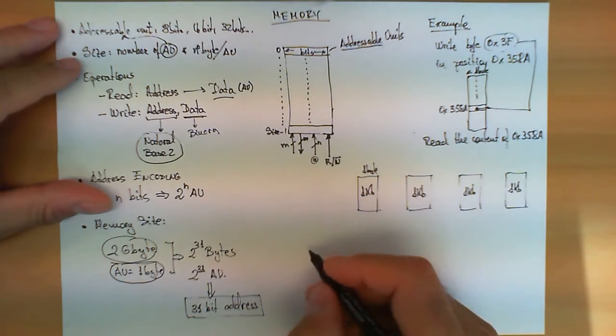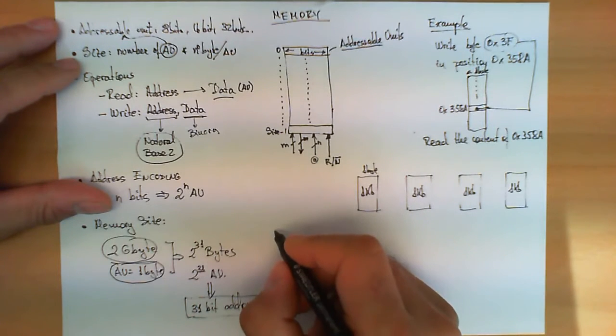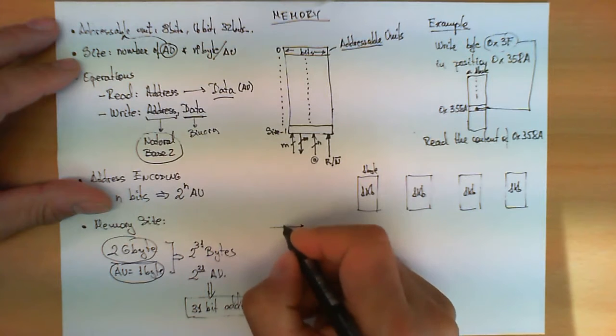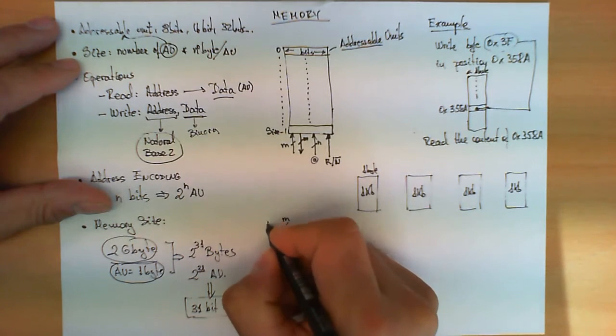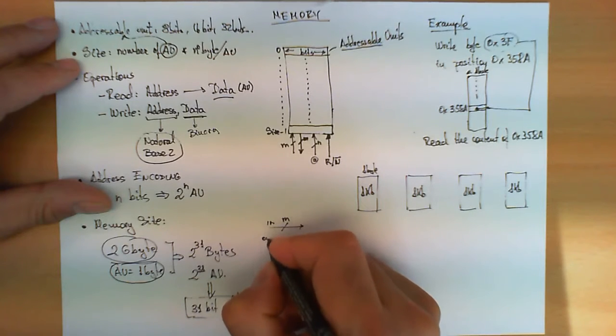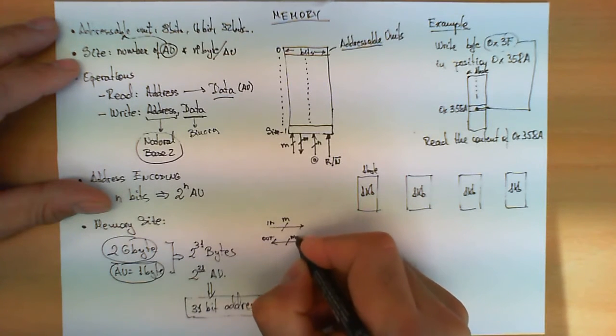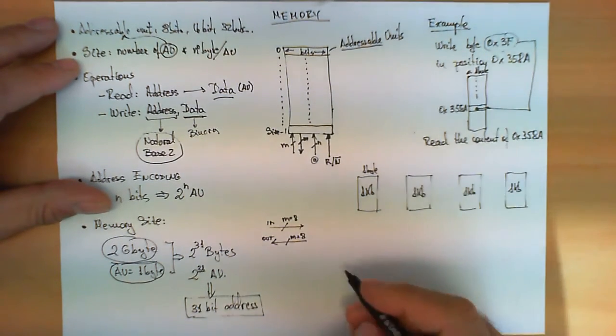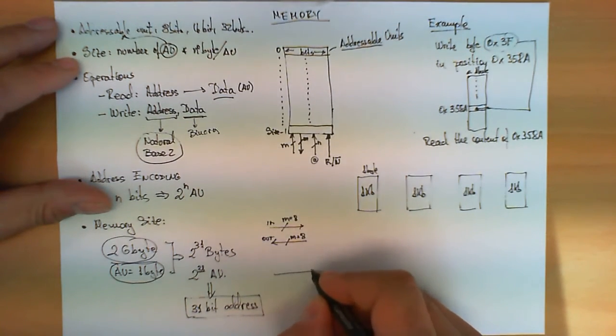Now the way we do that is, outside of this circuit, we're going to need exactly the same signals as we said before. We're going to have data in, we're going to have some data coming out, same size, in this case m will be 8 because we said that the addressable unit is 1 byte. We will also have an address.